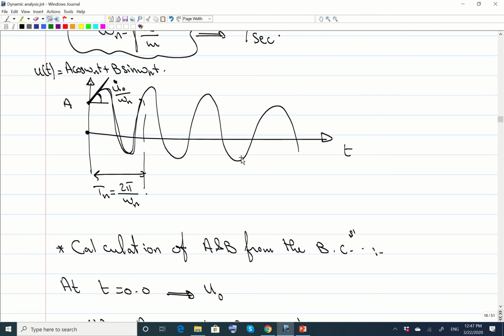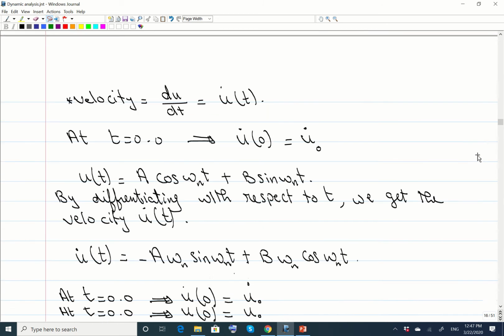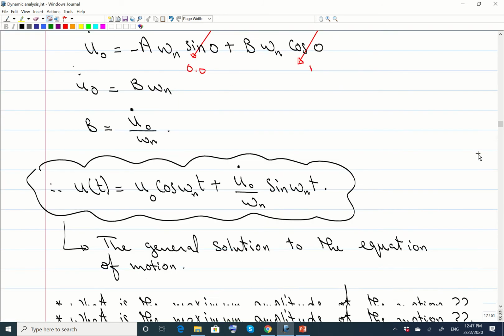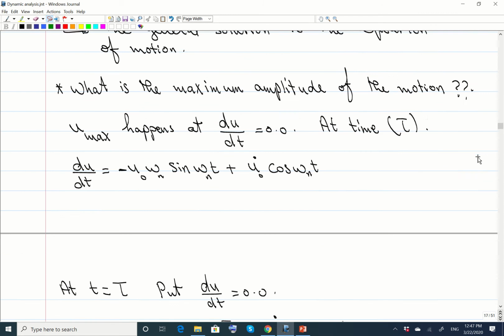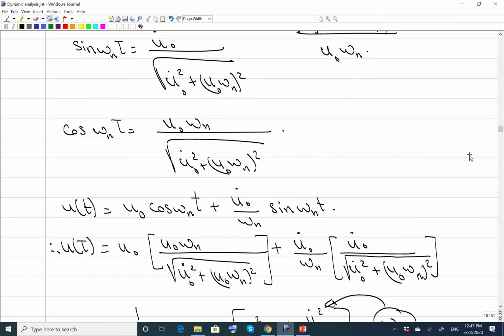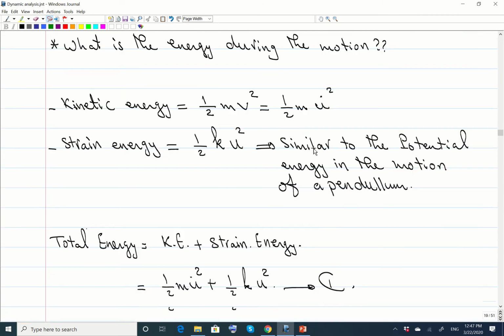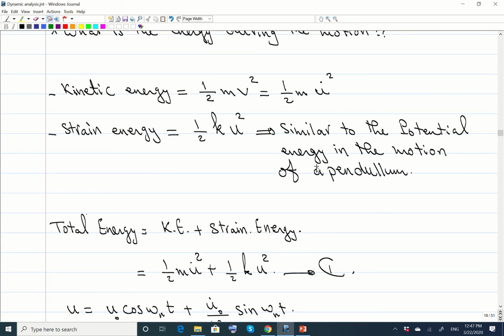that comes from the spring. So actually what we have is, when you have a spring, you know the energy or the work is equal to the force multiplied by the displacement. That's the work or the energy. So now if we go here to find the energy during the motion, we have the kinetic energy and the strain energy. So what's the strain energy? Let's explain this.